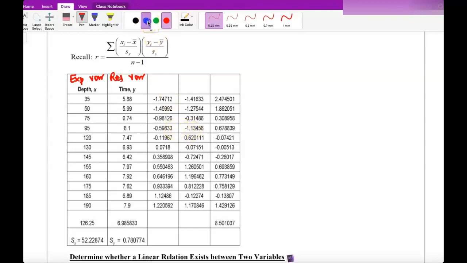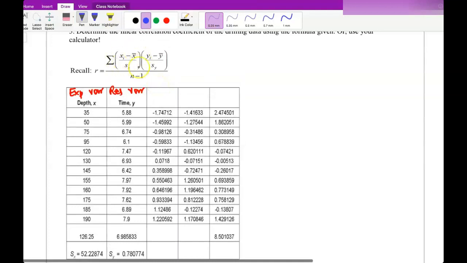And what are these data? We're going to use that one, but we already have these data for each part. So this is x i minus x bar divided by s, the sample standard deviation for the explanatory variable.